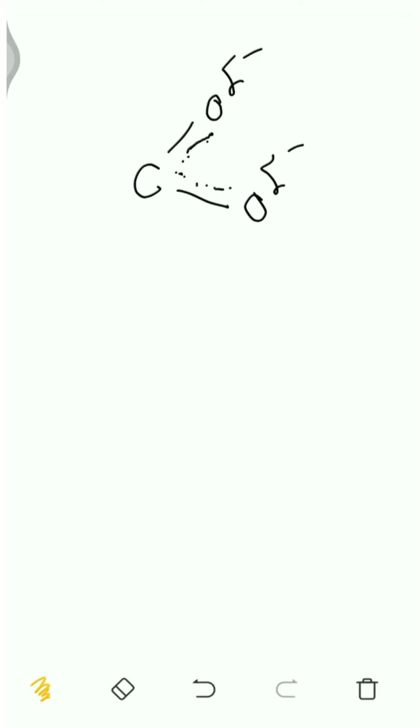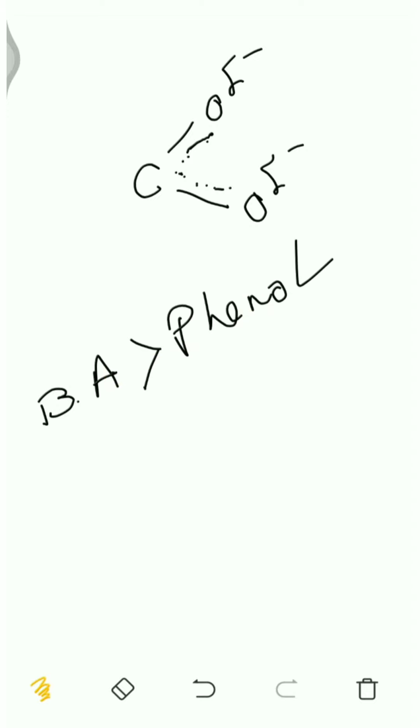Hence we can say benzoic acid is more acidic than phenol, and moreover the total effect is incorporated by the inductive effect. It is not directly associated with the pi bond of the benzene ring, but in case of the phenol it is entirely associated with the benzene ring.